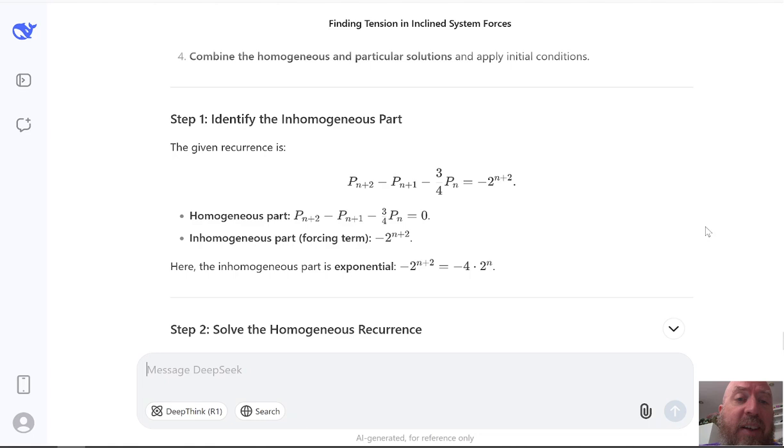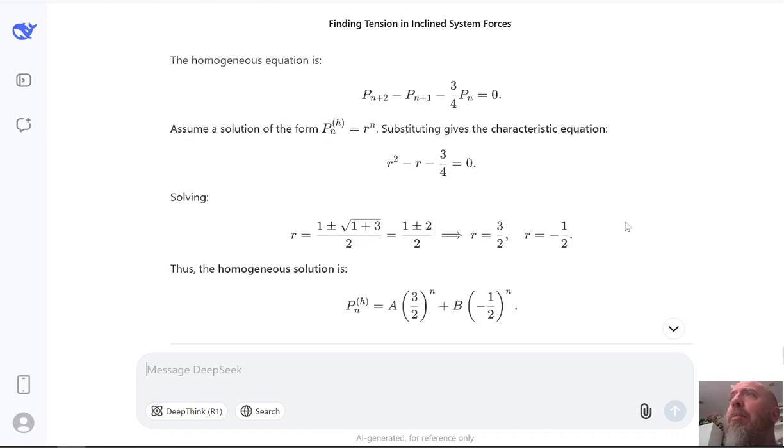So then, and it did a bit of simplification here, which I'm not sure I would bother with yet. So solve the homogeneous, so you get your answer. Now again, I feel like that's wrong, but maybe it's not, maybe it's perfect. So you solve that by creating a quadratic, getting 2 answers, and then the homogeneous solution is that bit.